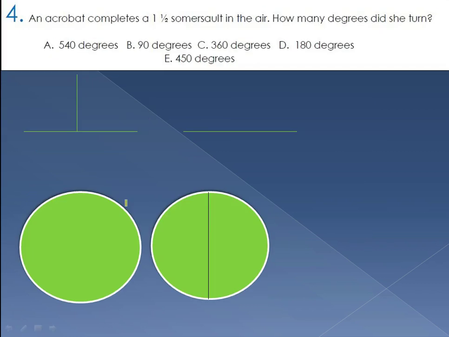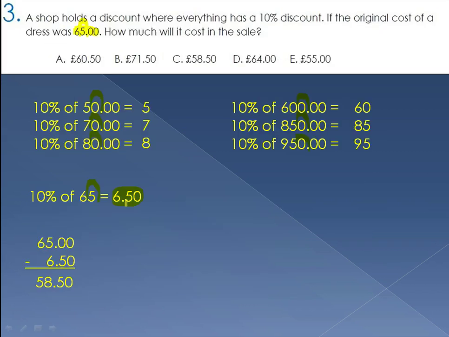So the answer has to be C, £58.50. Now sometimes they might just ask you what is the discount, and it'll be this £6.50. This one there's nearly two parts because they want to know the cost in the sale now. How much will the dress cost? So with the discount in the sale, the dress will cost now £58.50. So it's going to be answer C.